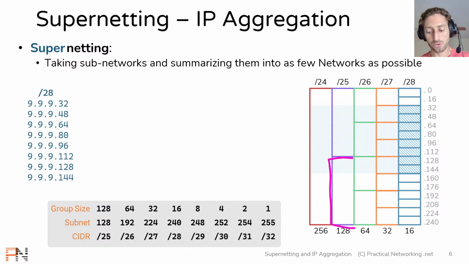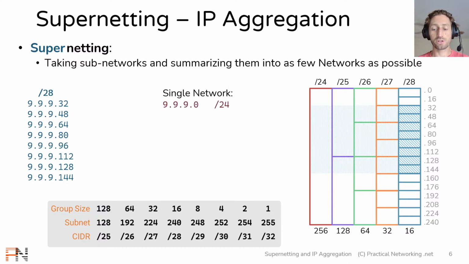And if I use this /25, I am accounting for these 2 /28s, but a lot of additional IP space that I didn't mean to summarize. So even though a /25 is the correct number of IP addresses, it doesn't fall on a boundary that matches exactly what I'm looking for. Which means if I want to summarize these 8 /28s into a single network, I would have to go all the way to the /24.